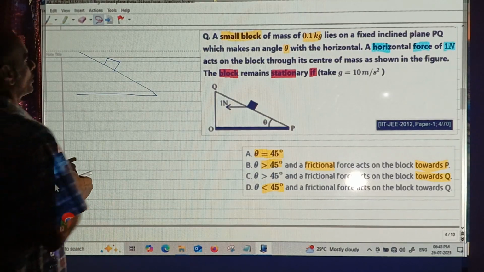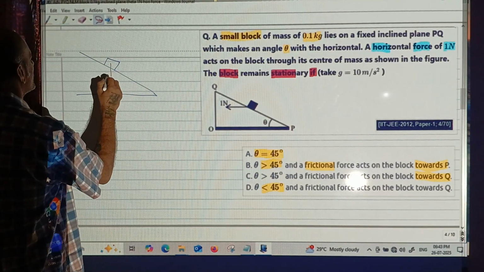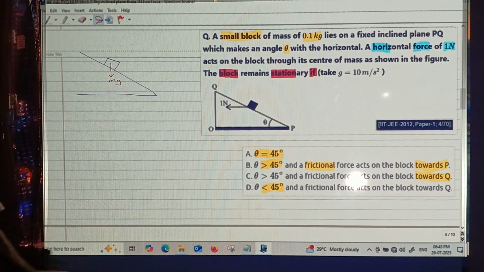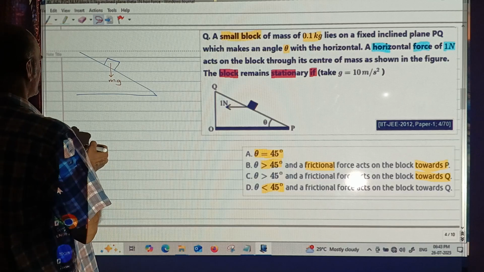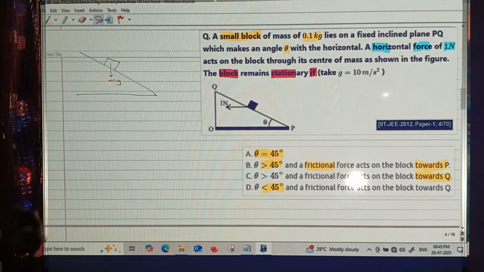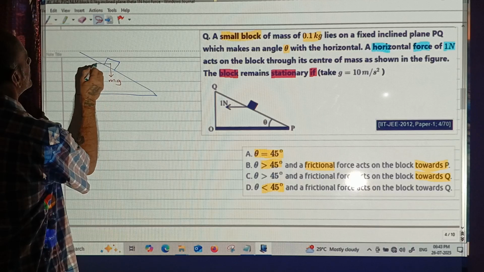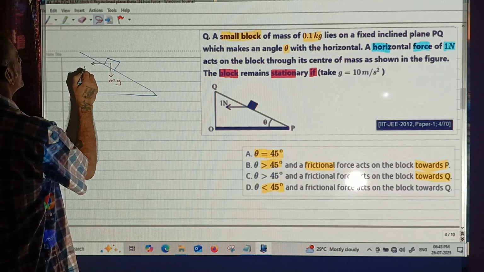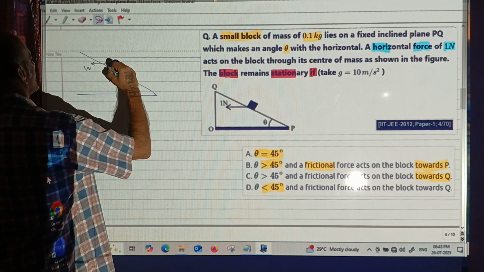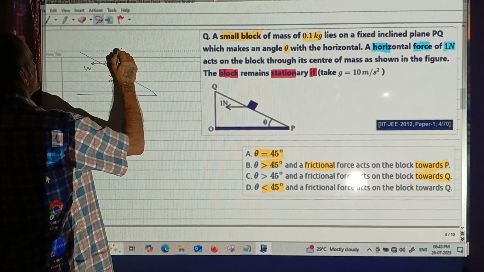One force is the weight of the block, which is mg vertically downwards because gravity force is downwards. And the applied force of 1 Newton is there. And there will be a normal reaction between the surface of the block and the wedge.